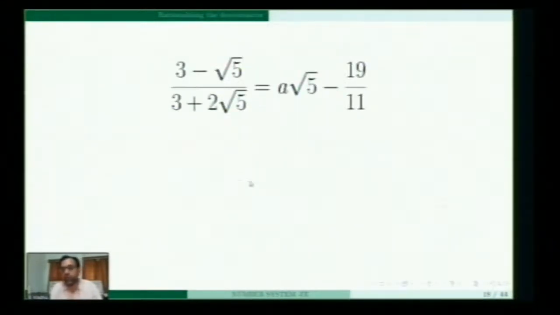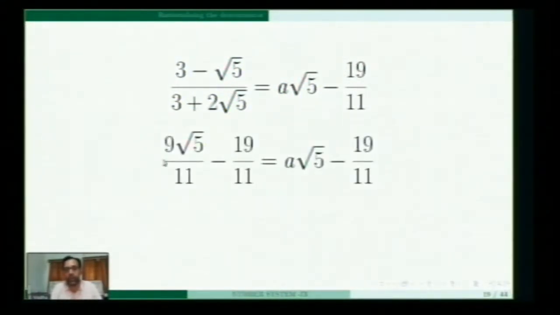Our question was to find a such that 3 minus root 5 whole divided by 3 plus 2 root 5 is equal to a root 5 minus 19 by 11. But we have simplified the left hand side and found that this is 9 root 5 by 11 minus 19 by 11. So we want to find a in such a way that this equation is satisfied. So this equation will be satisfied by simplifying this one.